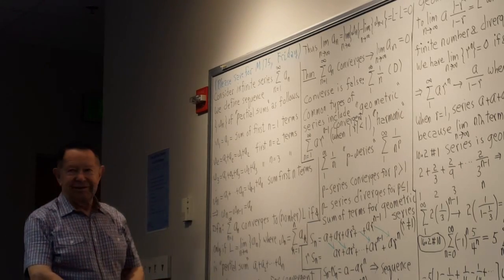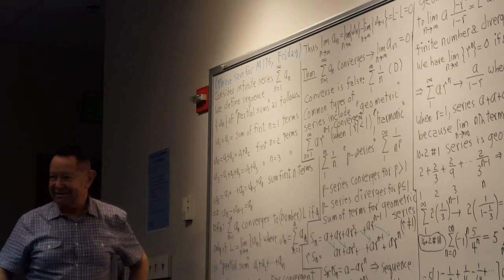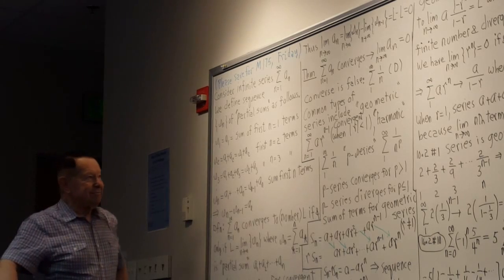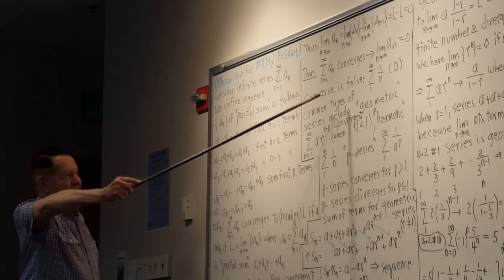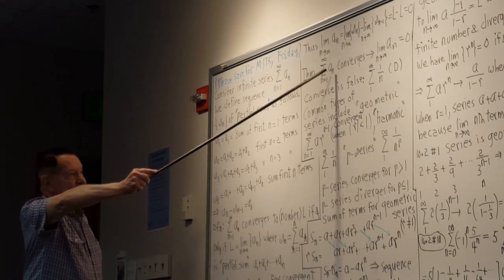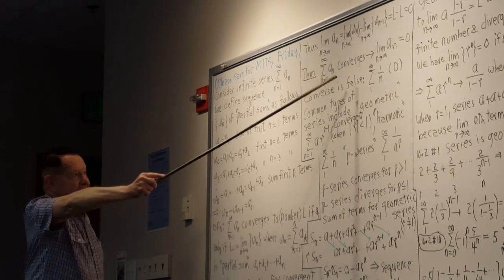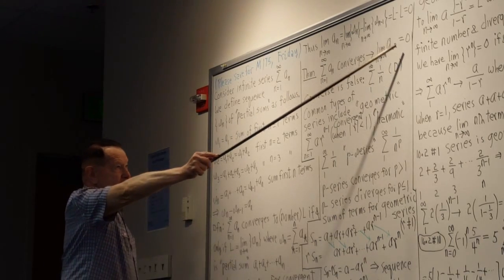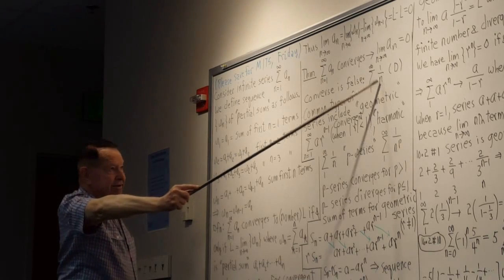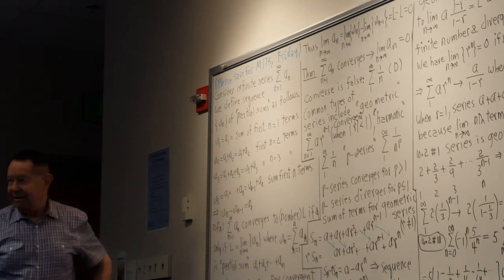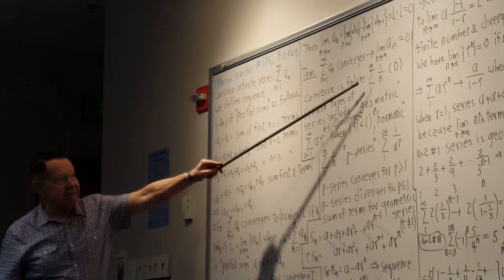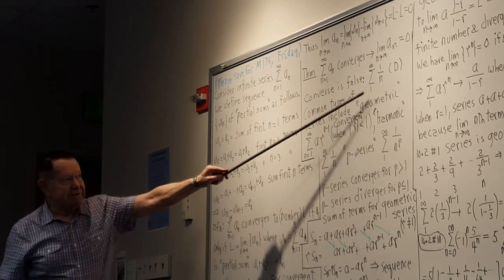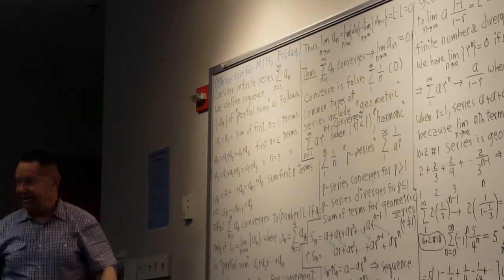You won't really live long enough to do it, but still, it's possible. So that means that if your nth term limit is not 0, the thing is going to diverge. But even if your nth term limit is 0, the series doesn't necessarily converge.